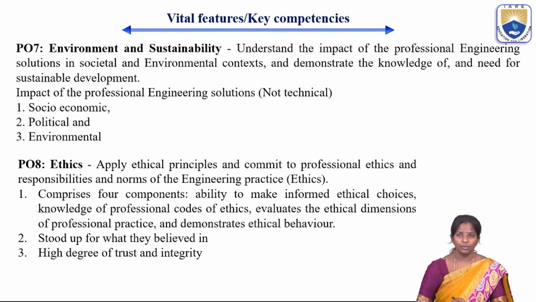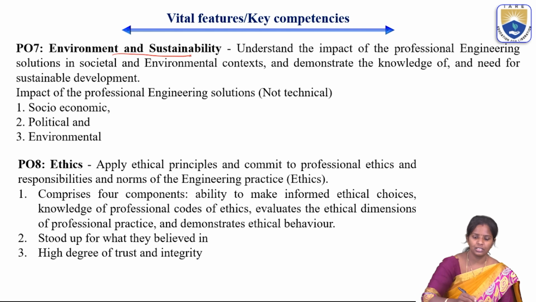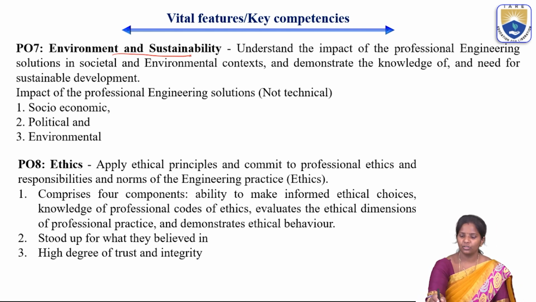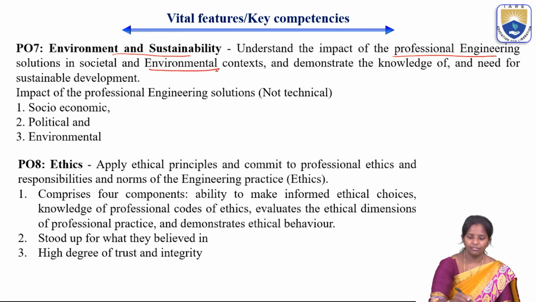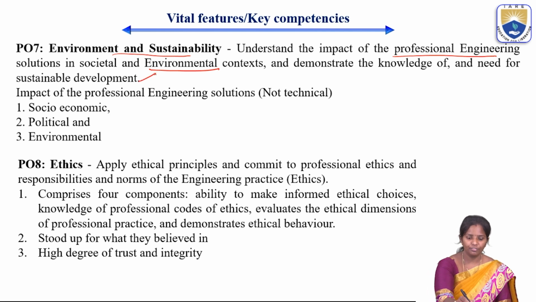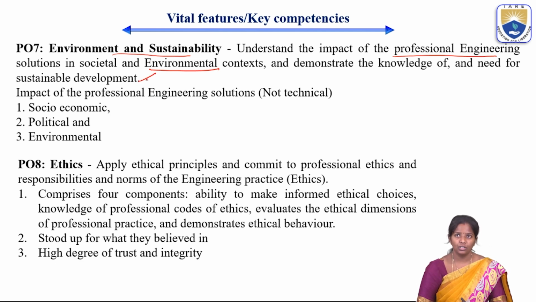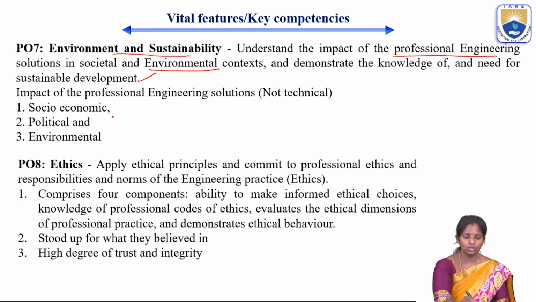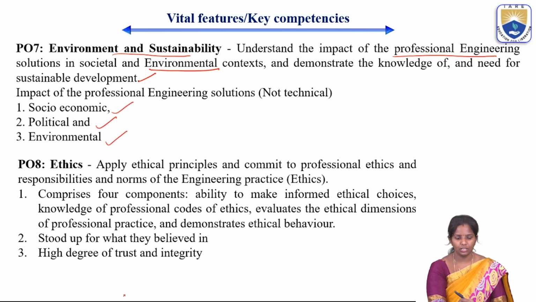Then comes PO7, environment and sustainability: understand the impact of professional engineering solutions in societal and environmental context, and demonstrate the knowledge of, and need for, sustainable development. This is impactful on the socio-economic, political and environmental aspects.